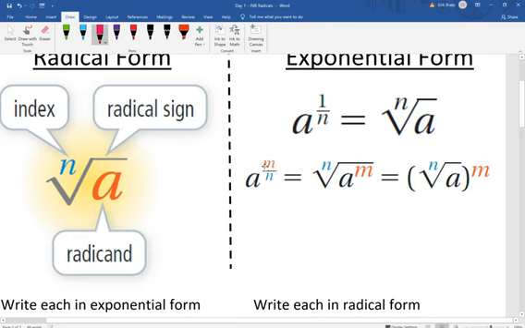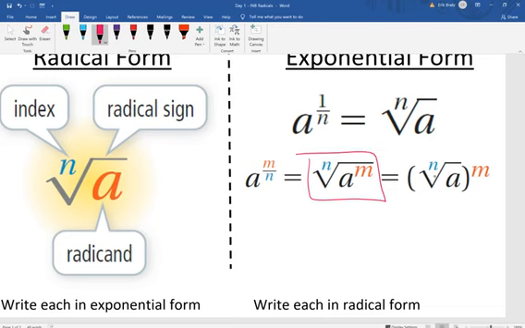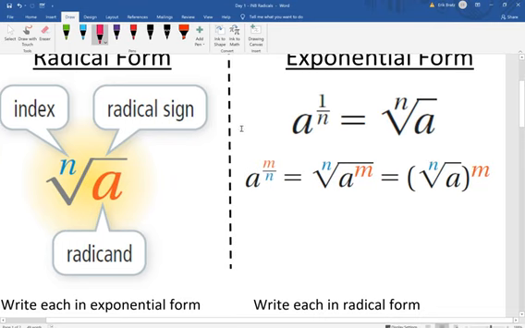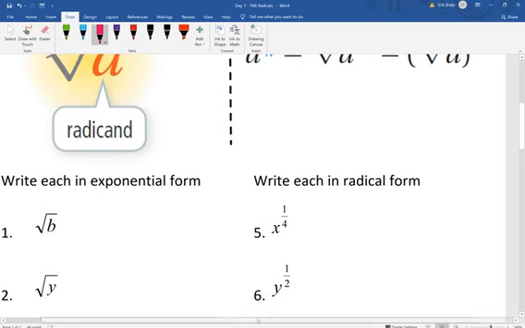The numerator, or the top number, the m, goes inside and it becomes the power. The n, the number that's in the denominator, is your index. And we show a final way to rewrite it. Now we're really going to be focusing on getting to this middle expression. We're not going to be going to this very end part. So let's go ahead and practice a couple examples.